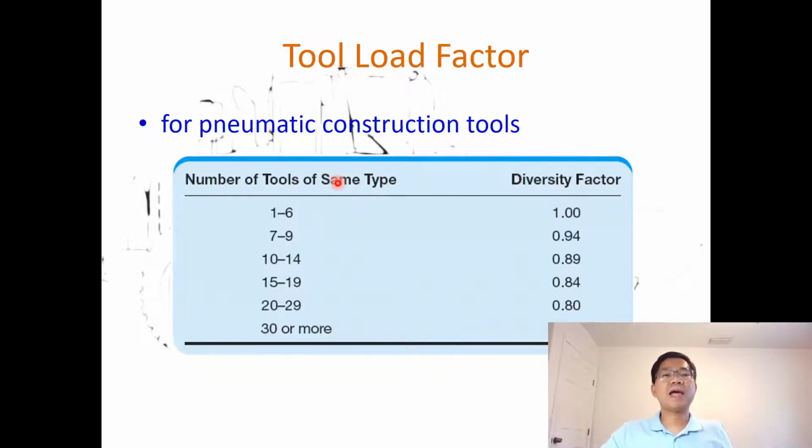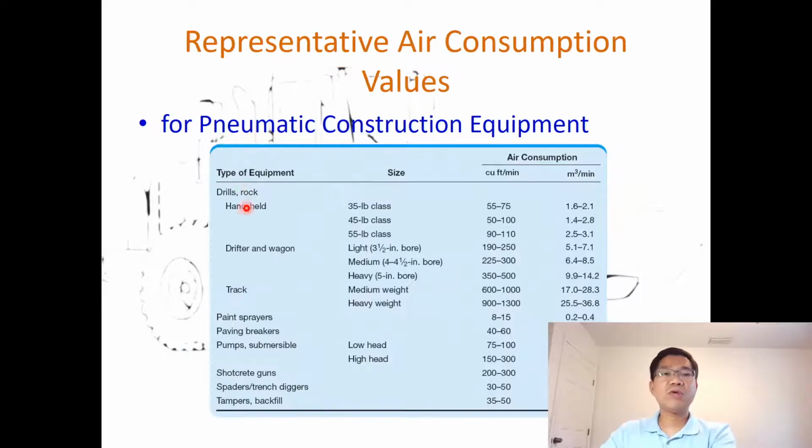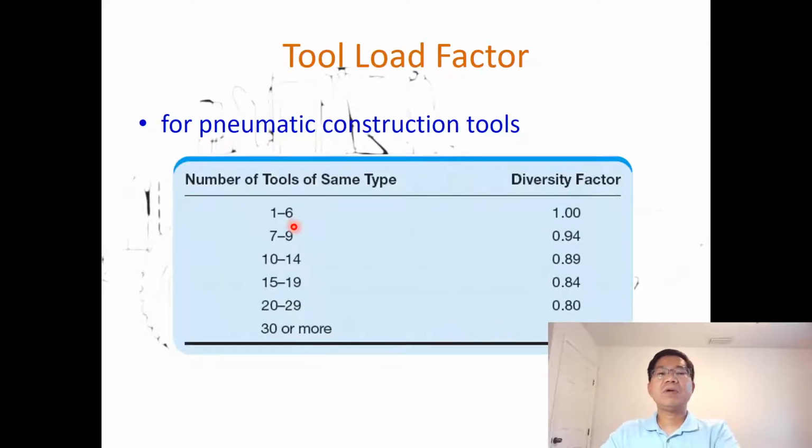So if we apply, for example, the handheld drill, and on site we have 5 handheld drills, then the diversity factor is 1, because most likely all 5 drills can be used at the same time.